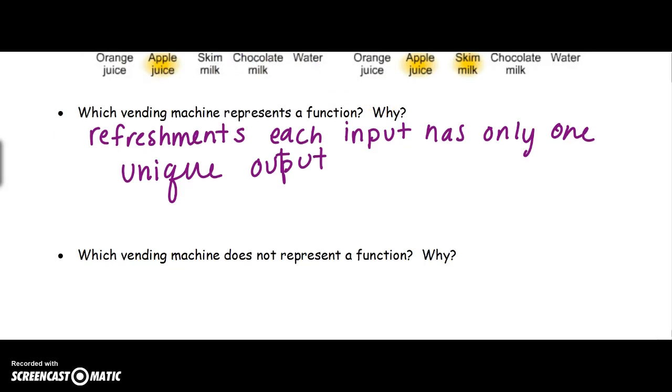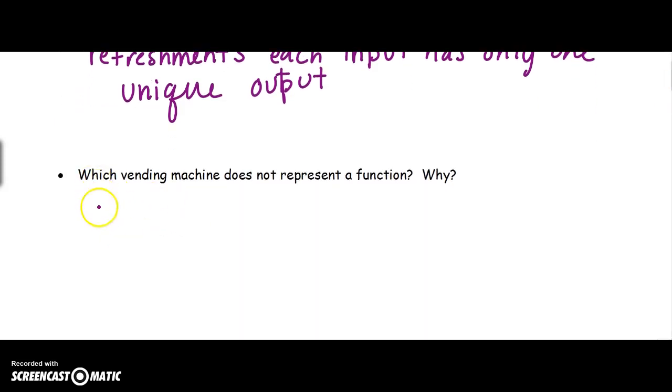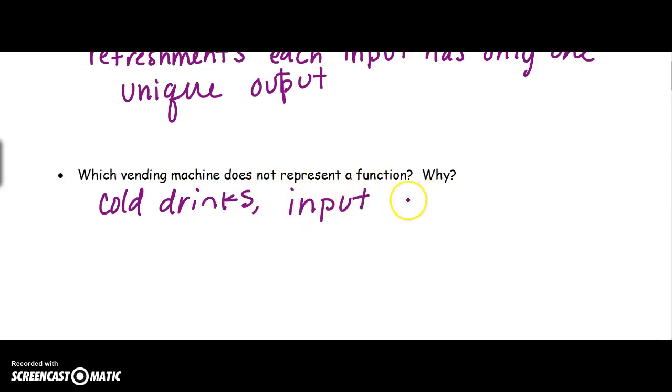So which vending machine is not a function? And that's the cold drinks one, because input B, or button B, has two outputs, or two possible drinks you could get out. So something is wrong with the wiring.